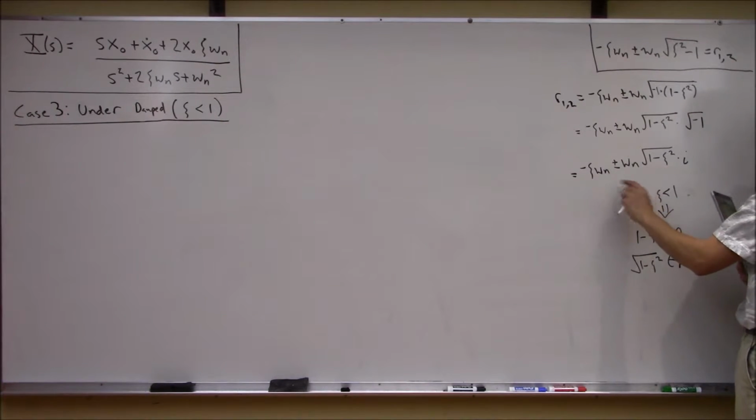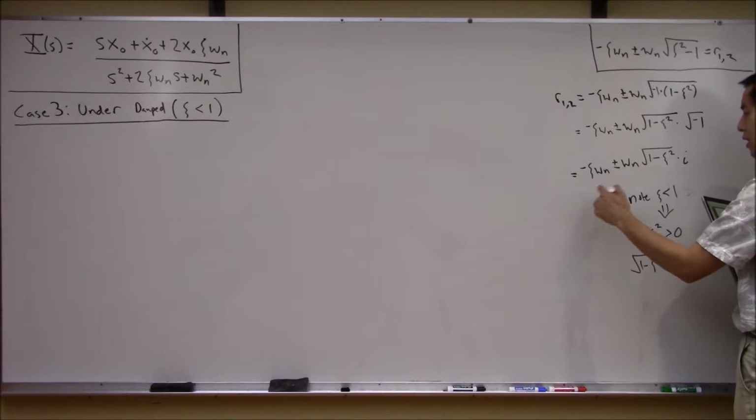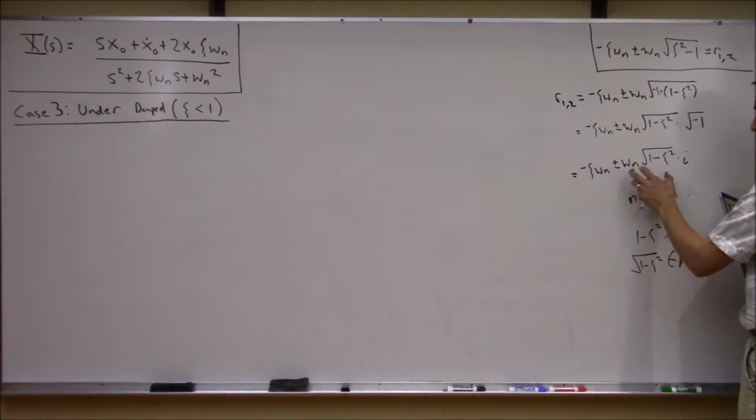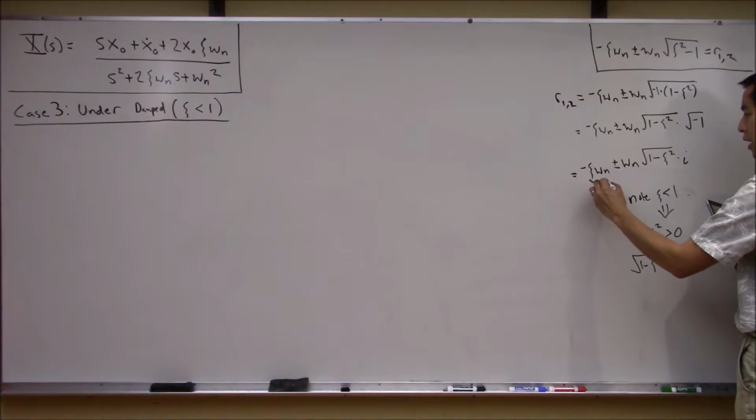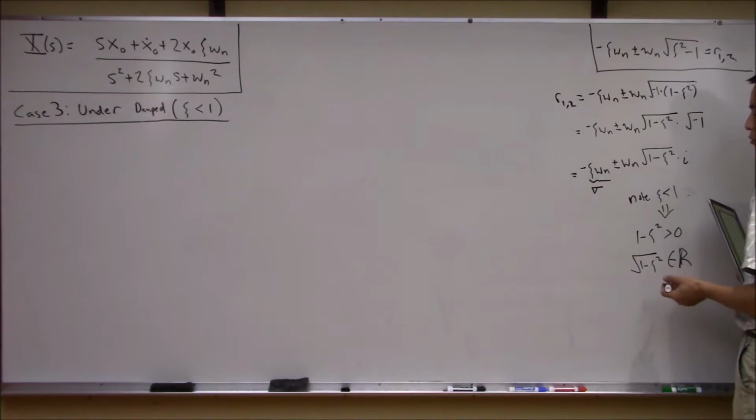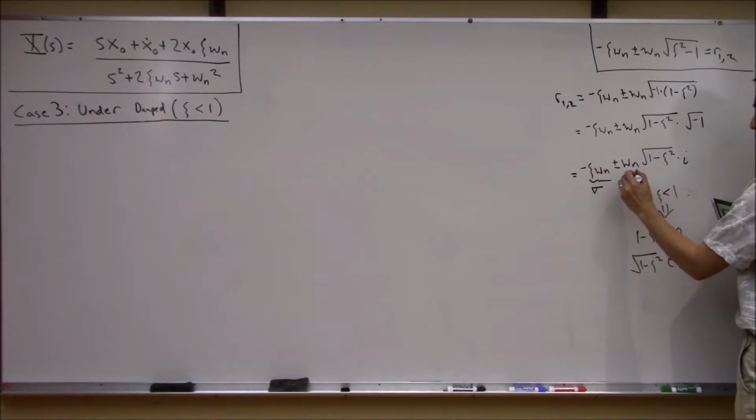So if you look at this long enough, here's your real component and here's the imaginary component. Let's call the real component sigma, and let's call the imaginary component omega d.